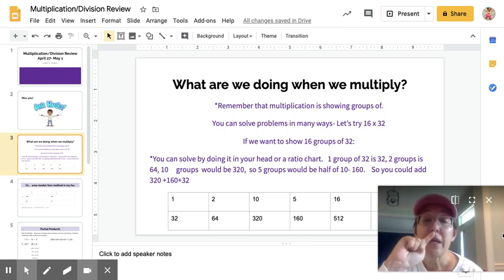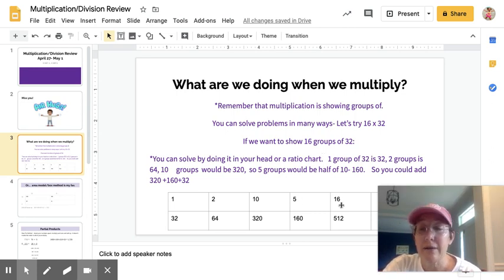But if you want to show 16 groups of 32, if you remember in class, those of you who have me in class, you can solve this by doing it in your head, which is amazing to me, or on a ratio chart. And we did these for our number talks.